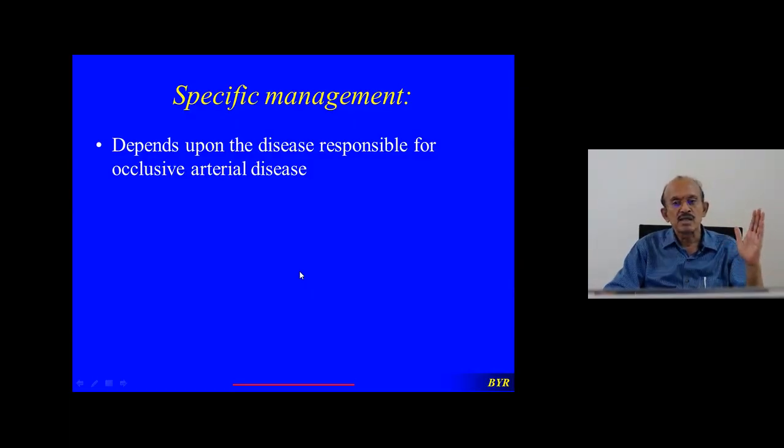Totally must have exercise for a minimum of 2 hours in a week. The pre-existing diseases like diabetes, hypertension, cholesteremia should be controlled. Rest pain, you give analgesics; gangrene, do amputation. So that is general measures.